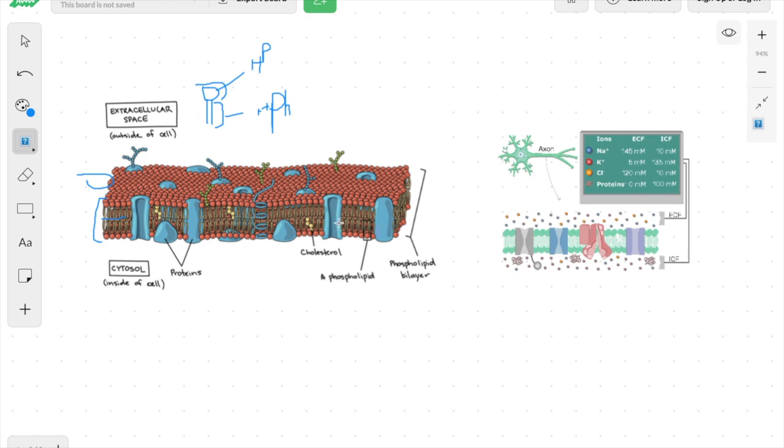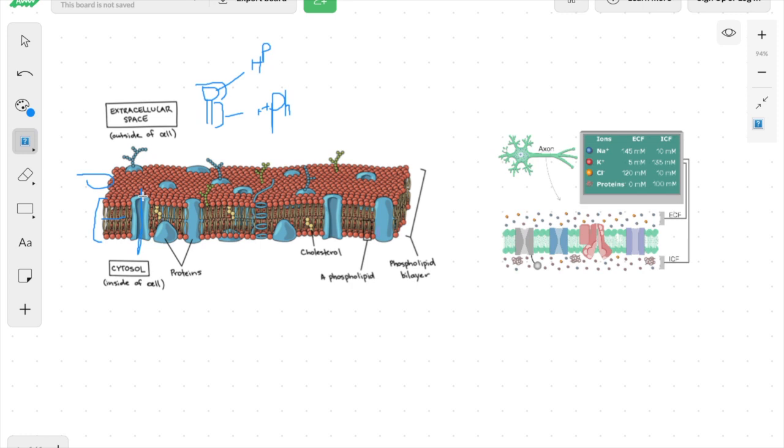In these integral or transport proteins, we have two parts: channel proteins and carrier proteins. Channel proteins have pores or channels like this one, so this is an example of a channel protein.